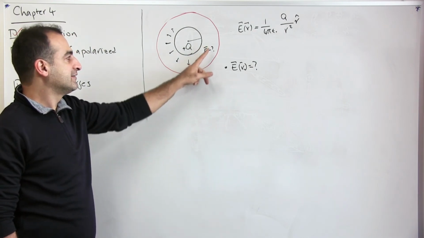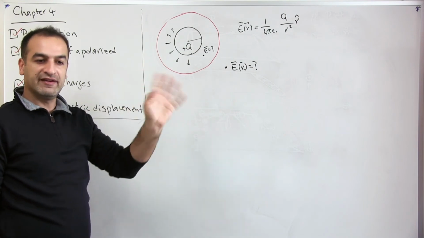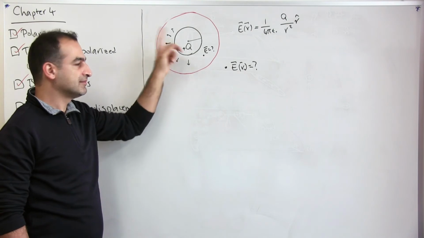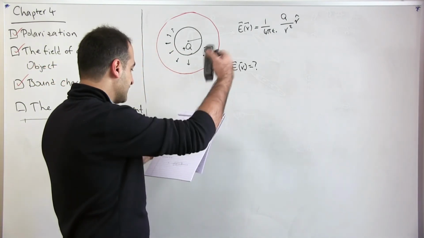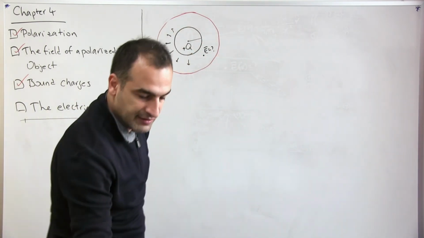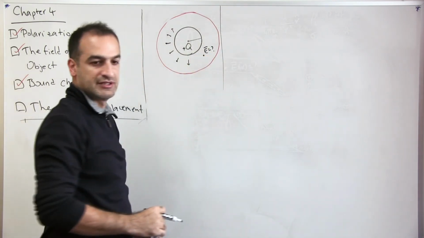The electric field we have inside is the electric field that would have been there if there was no dielectric, plus the electric field created by the polarization. Hang on to that, and I'm going to provide some definitions and formulate some basic stuff, and then we're going to come back to such problems.